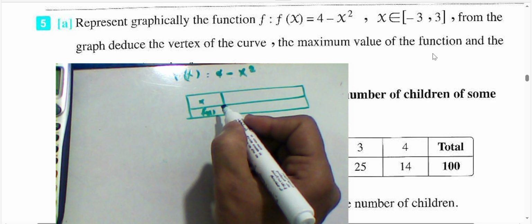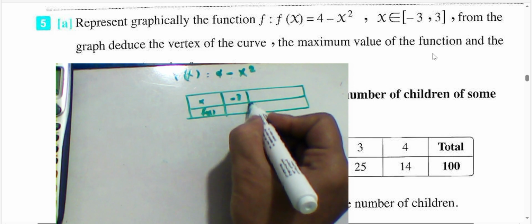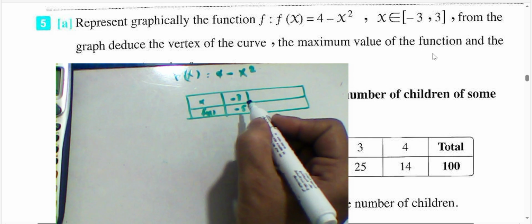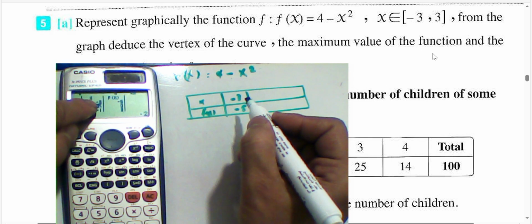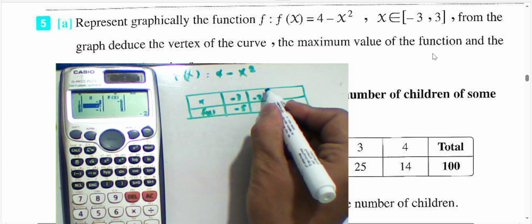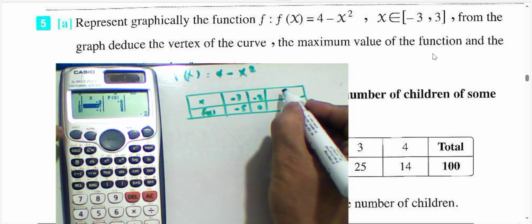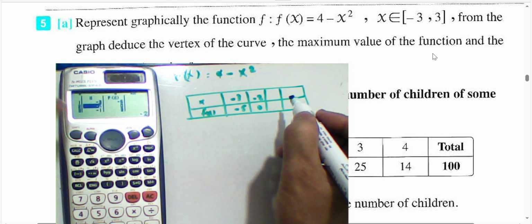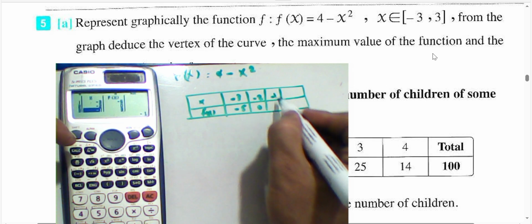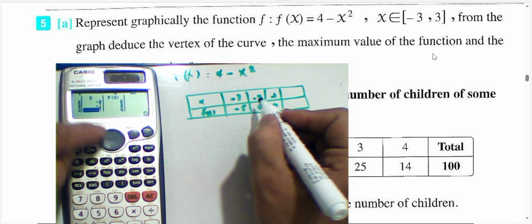Write first -3, and the image will be -5. Look at the table here, -3 to -5. -2, the image was 0. -1, the image was 3.